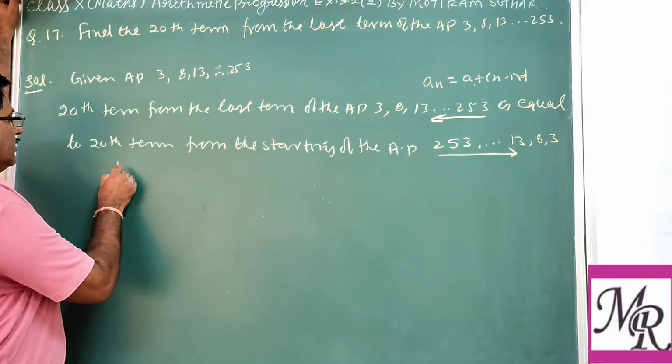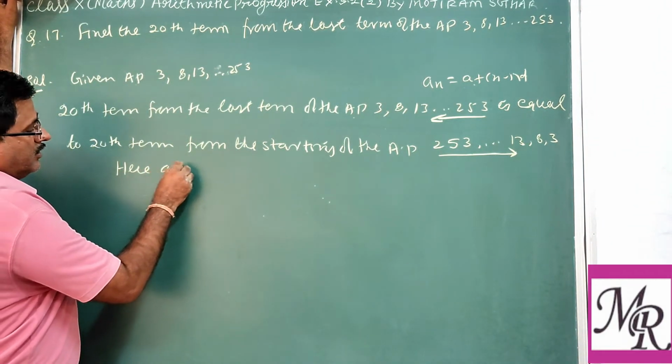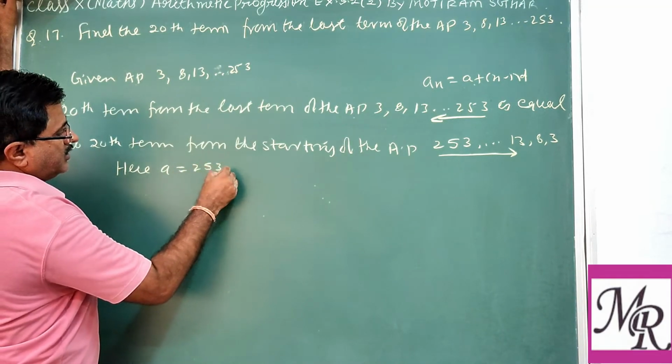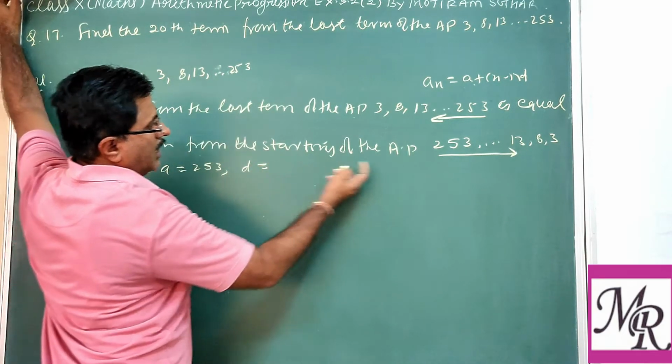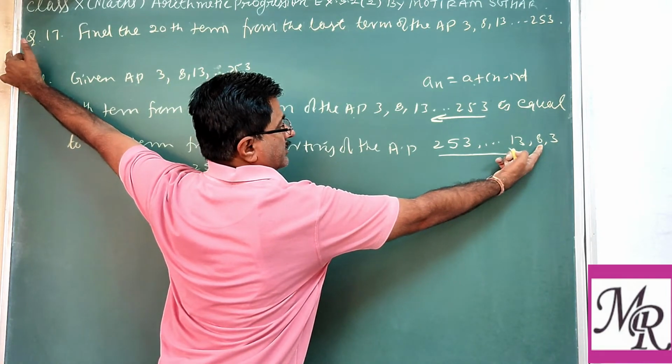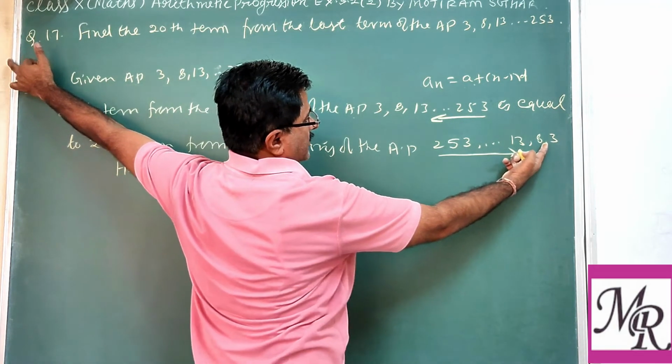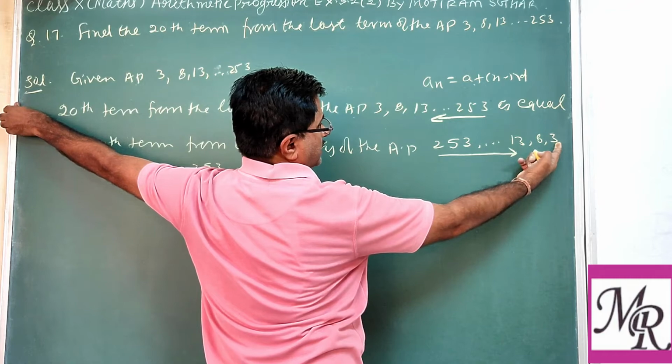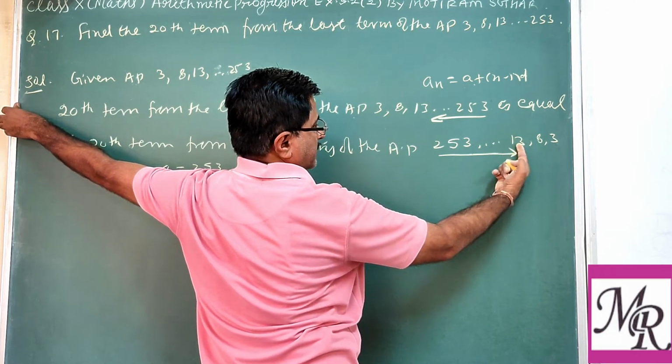Here a, that is the first term, is 253, and d we can find from here: last term minus second last, or second last minus third last, like this.